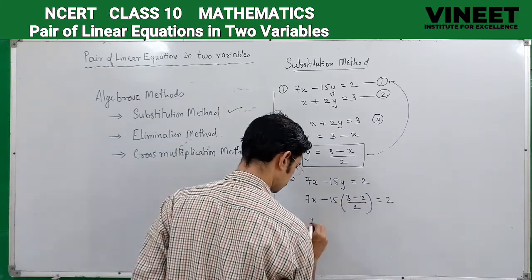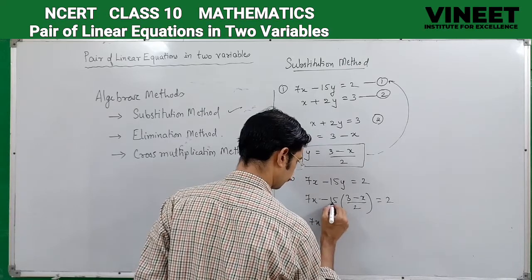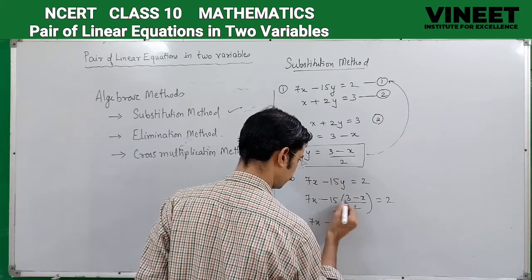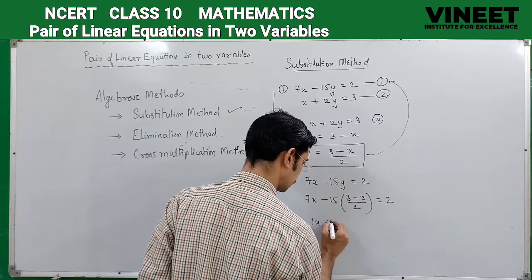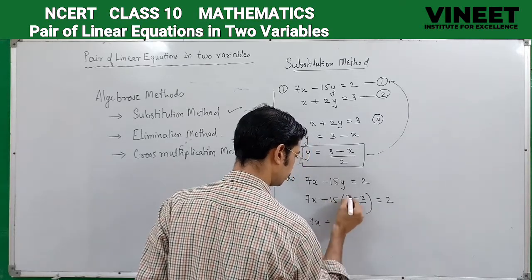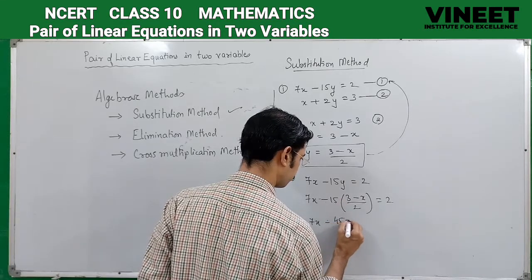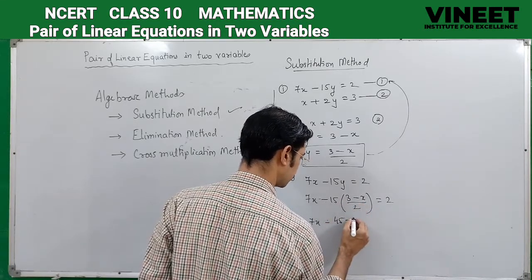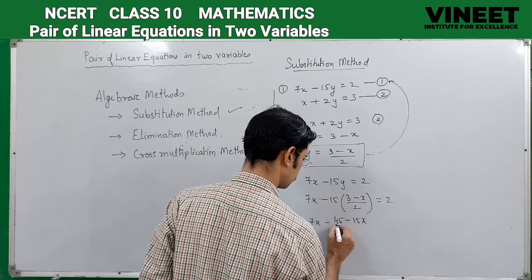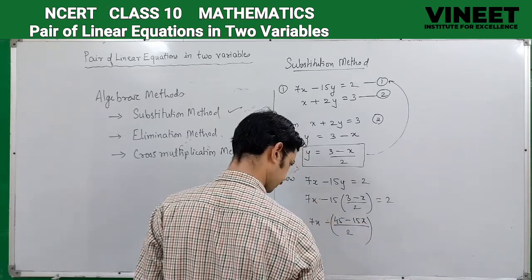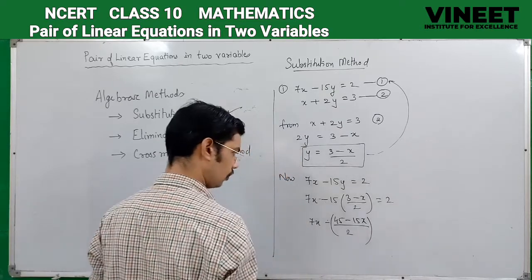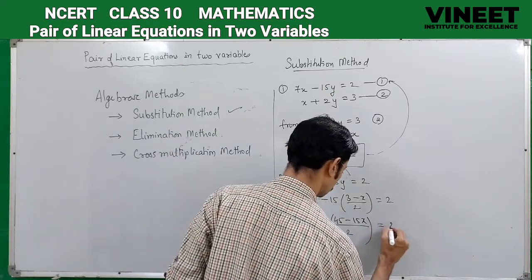This is 7x minus 15 times (3 minus x) by 2. 15 threes are 45, minus 15 into x is 15x, over 2. This bracket is as it is, and the minus is also there. That is equal to 2.